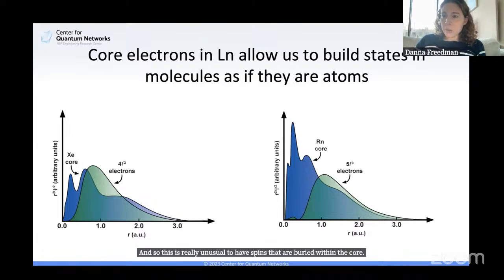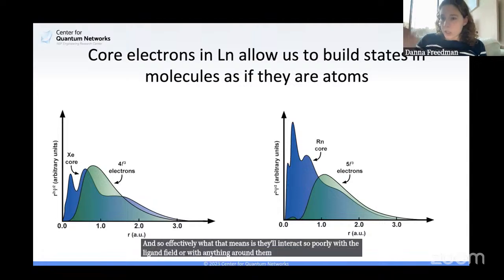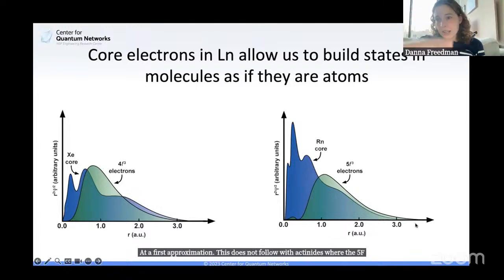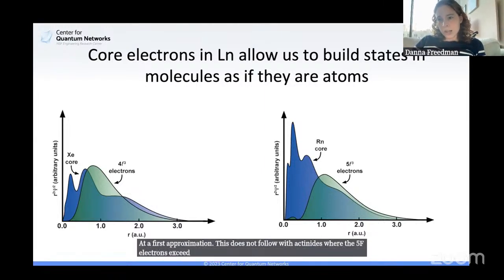Effectively what that means is they'll interact so poorly with the ligand field or with anything around them that we don't have to worry about modifying them from their atomic values at a first approximation. This does not follow with actinides, where the 5f electrons exceed the core electrons.